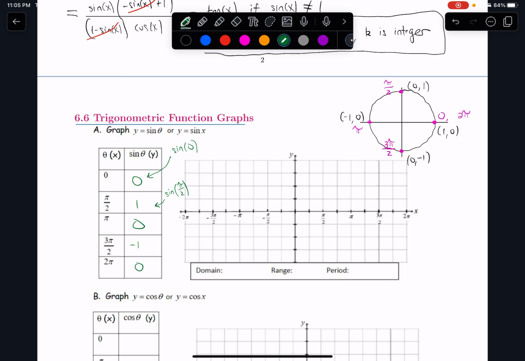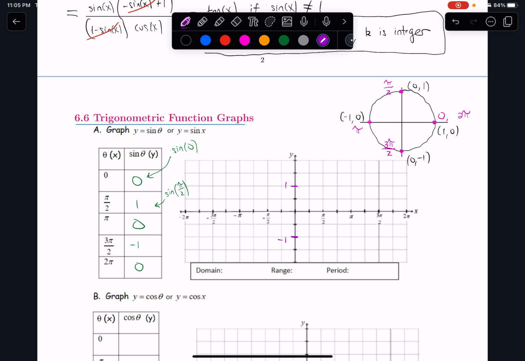Now I have a few inputs, and I know their outputs, so I can plot these points. On my axes here, I've already labeled some of the angles on the x-axis, positive and negative angles. But the y-axis scale isn't labeled, so let me do that. I'm going to say 2 tick marks is 1 unit. So if I go down 2 tick marks, that's where negative 1 is.